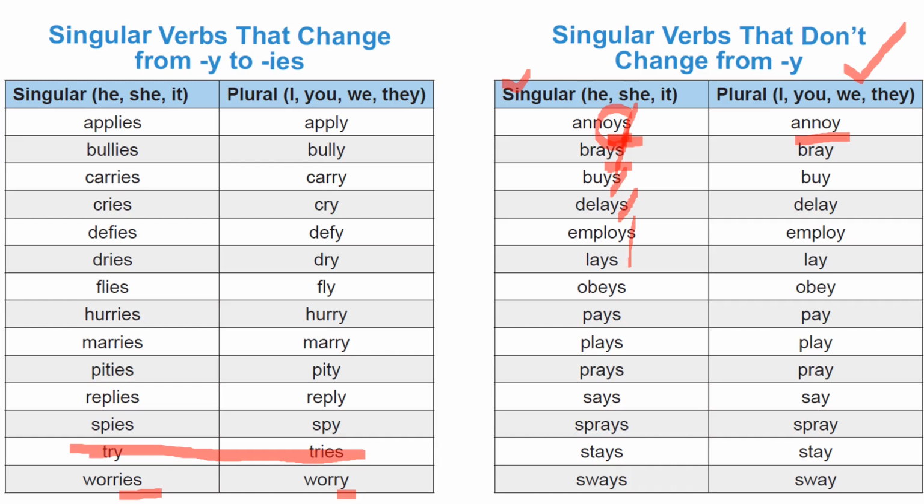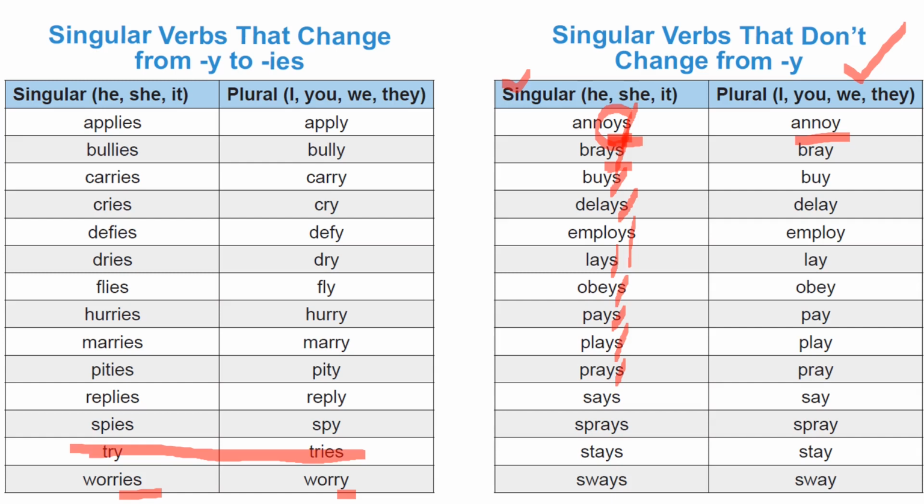Lays, remove s, it becomes lay. Obeys, remove s, it becomes obey. Pays, remove s, it becomes pay. Plays, remove s, it becomes play. Prays, again remove s, it becomes pray.